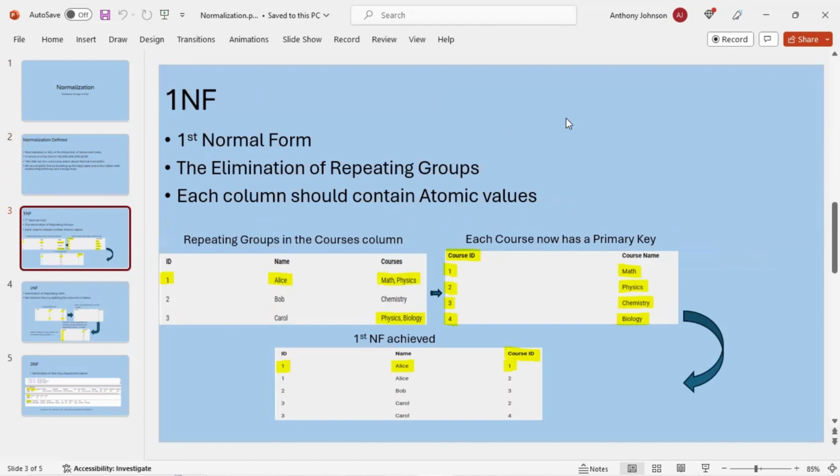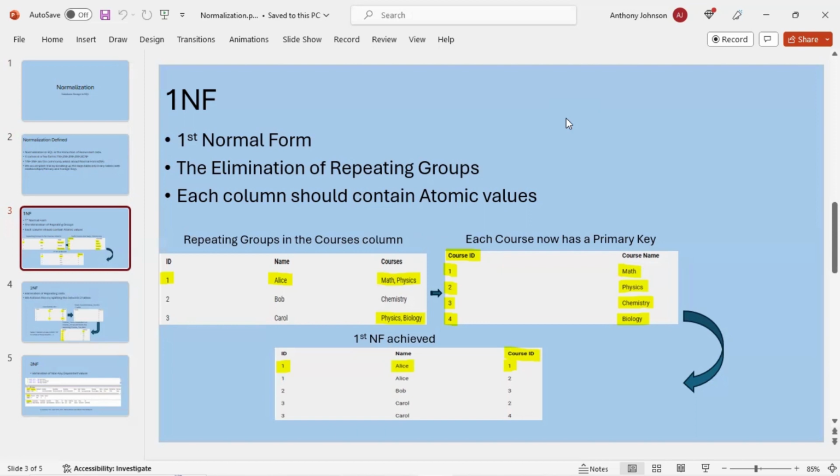So if we look at the first diagram, we see that in the courses column, we have math separated by a comma and physics. And then at the bottom we have physics, comma, biology. That is an infraction of the first normal form. If you look at the second diagram, we essentially gave every course name its own ID, which is a primary key.